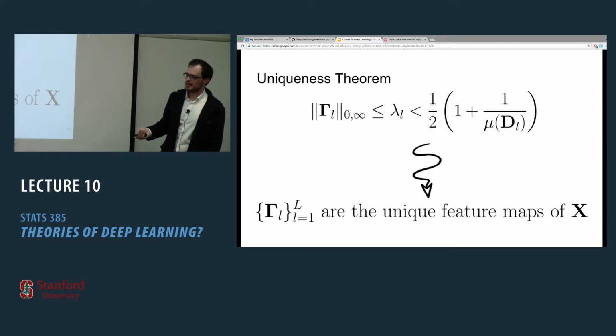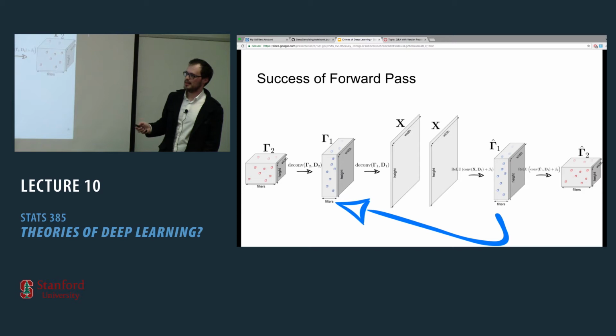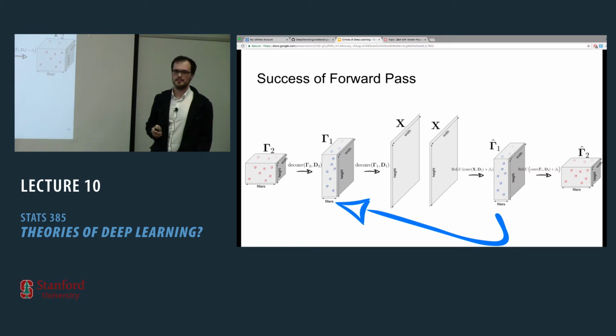Now, here's another question. Imagine I give you a signal x, and I tell you that you're running the forward pass. Right now we know that these things are unique under certain conditions. And you might ask yourself, is this algorithm managing to recover the representation that created the signal x? Is this thing the same thing as this thing?